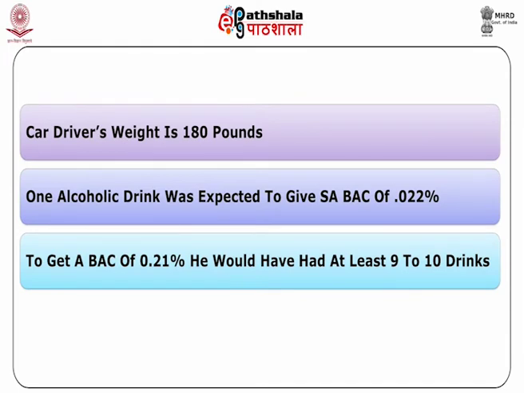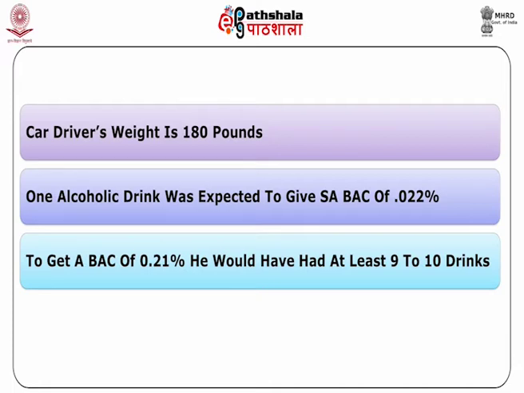Since the car driver's weight is 180 pounds, one alcoholic drink was expected to give a BAC of 0.022%. To get a BAC of 0.21% prior to his last drink, he would have had to consume at least 9 to 10 drinks.